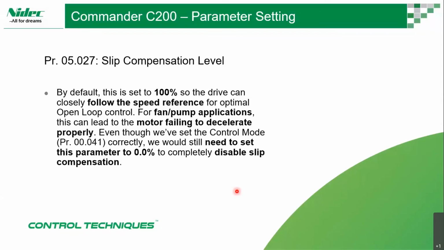In this condition, we don't need to set 100% correction for the speed reference. Why? Because the hot air will naturally go up by itself. So we need to make this correction zero. This will disable the slip compensation. Okay.